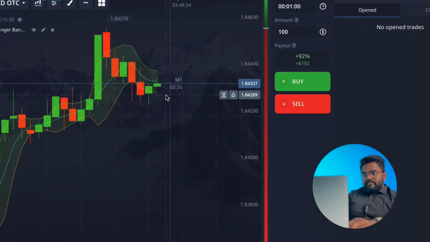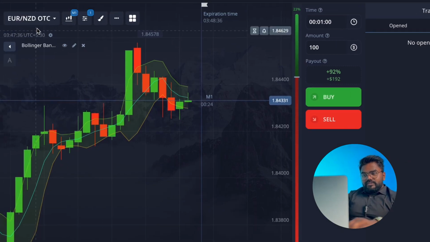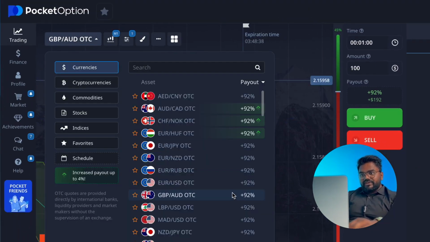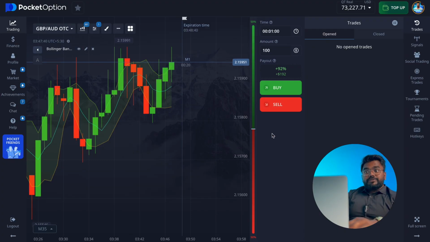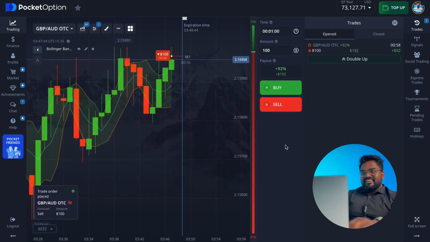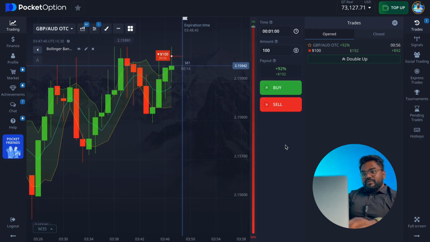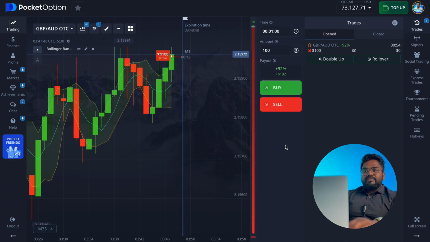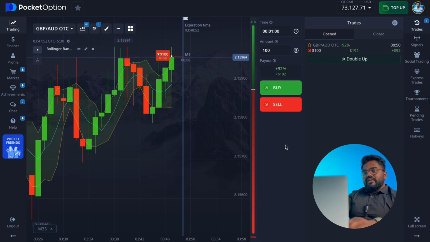You can clearly see the bands upper and lower, so it's not a steady one. Let's go with a different currency. Oh, it's been stretched upward, there's a higher chance, and let's go for the sell, guys. Okay, so wait for a minute and you will see the magic of the Bollinger Band. John Bollinger is one of the analysts of the market.